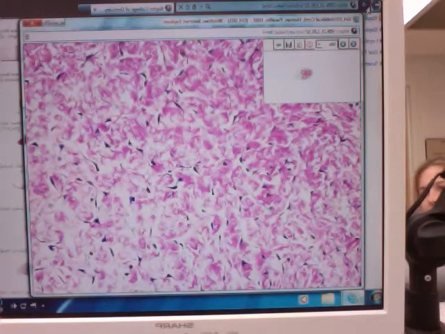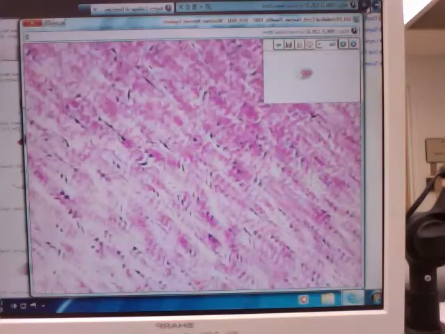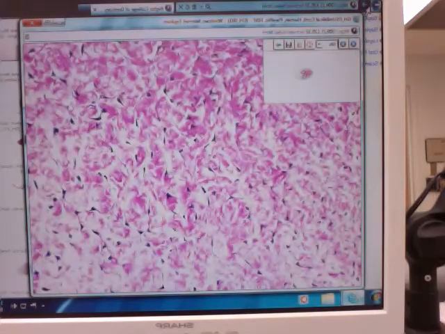But there are so many cells there, maybe you think it's loose connective tissue because it looks like a combination of the two. That's why it's a specialized tissue, our embryonic connective tissue. So you just got to get the feel for lots and lots of scattered fibroblasts amongst these bundles of collagen fibers.